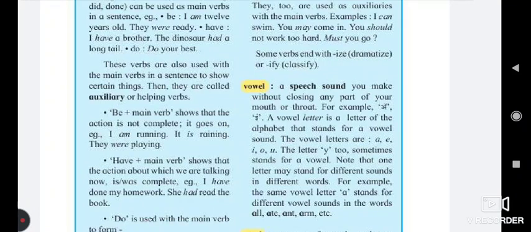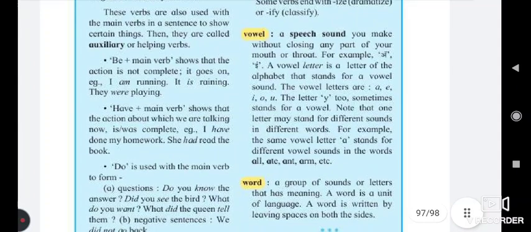Be plus main verb shows the action is not complete, it goes on. I am running, it is running, they were playing.